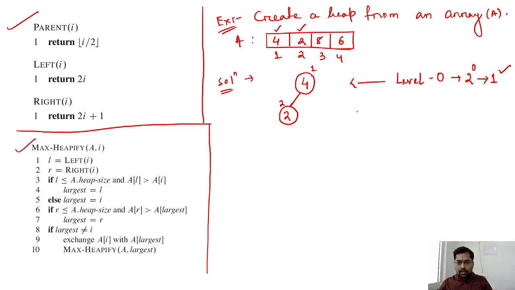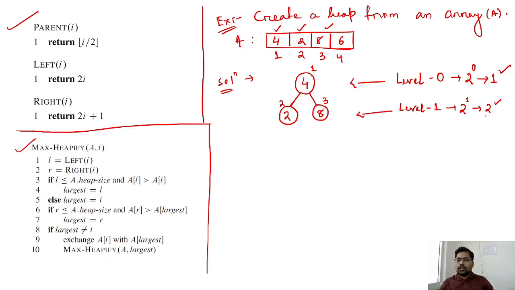Next, for level 1 we have to check the structure: 2 to the power 1, so the maximum children it can keep is 2. Right now we have only one element. Now we have to insert 8. We are just creating a heap, we are not focusing on min heap or max heap. Okay, node 3.